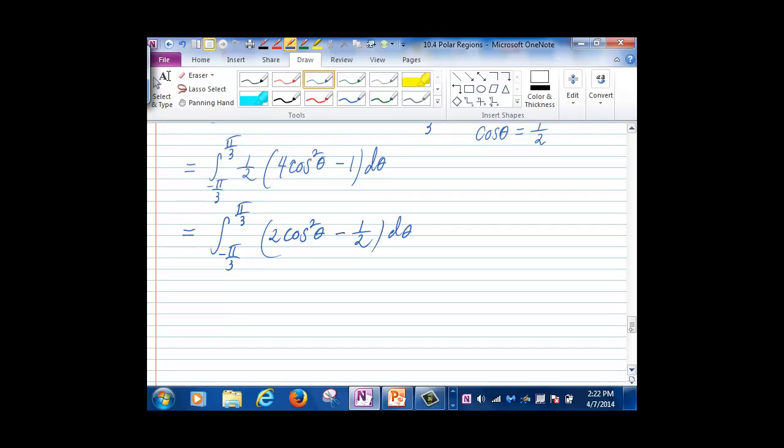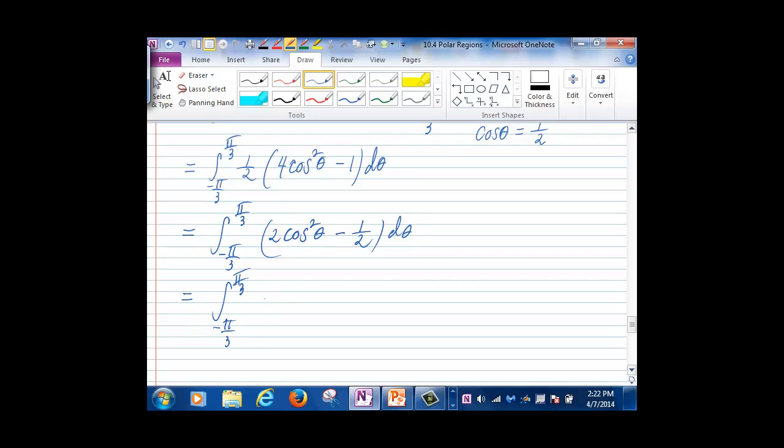And what should I do about cosine squared theta? If I want to integrate 2 cosine squared theta, remember, for even powers of sine and cosine, what trick is used?